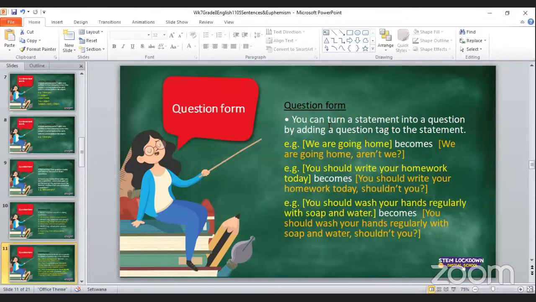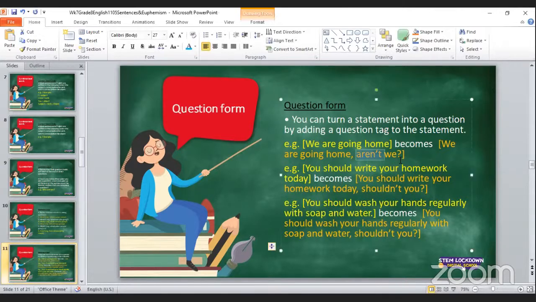I said you can turn a statement into a question by adding a question tag to the statement. An example I gave there was we are going home. So if we turn that into a question, we will add a question tag and say, we are going home, aren't we? So that aren't we is our question tag.